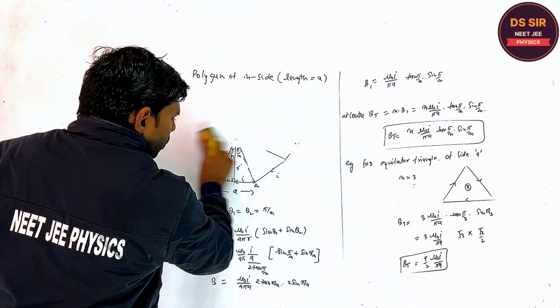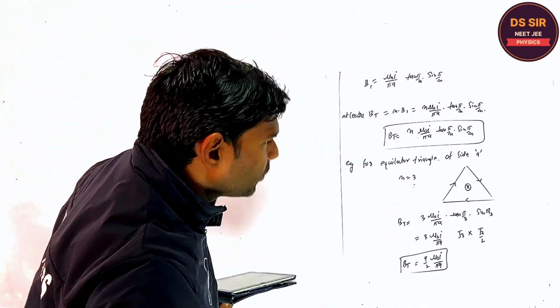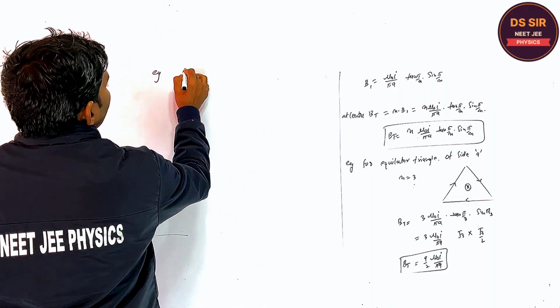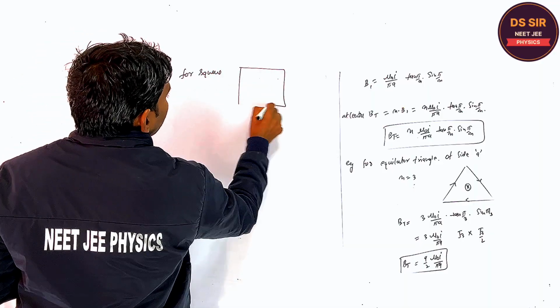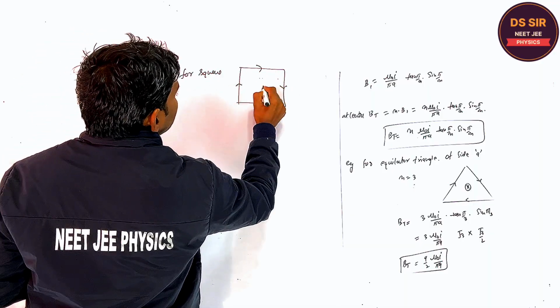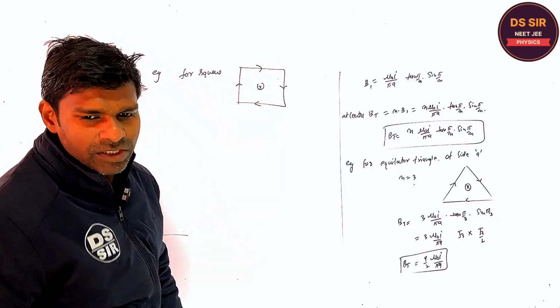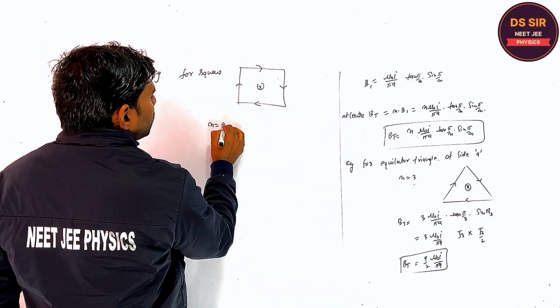Okay, so this is the formula for the regular polygon, right? For example, if you want to find the magnetic field at the center of a square, there is no need to do all the derivation. Just remember this formula, and n is equal to 4.